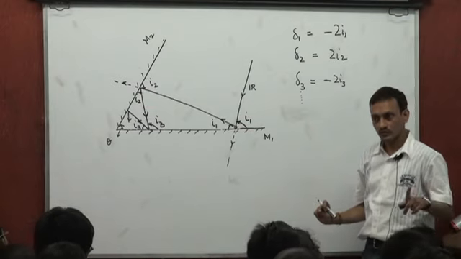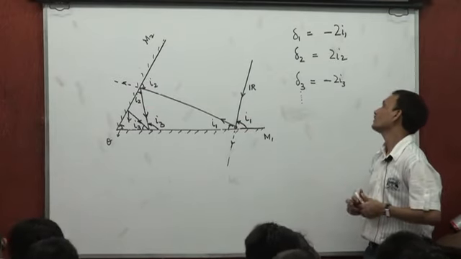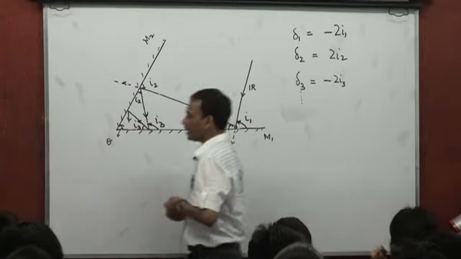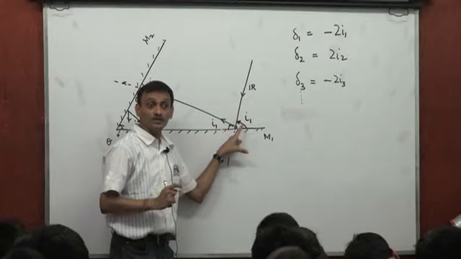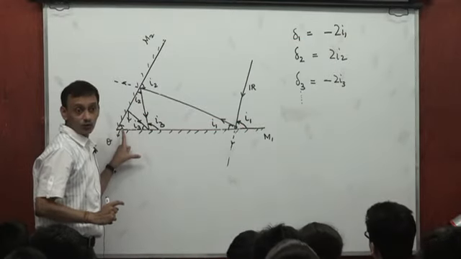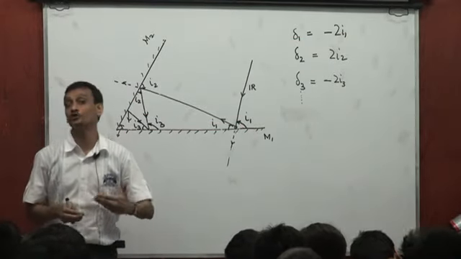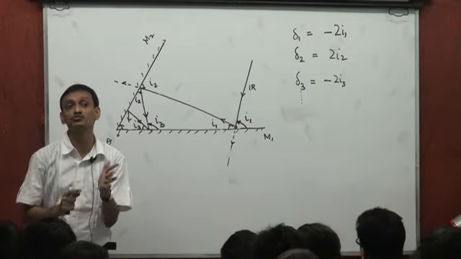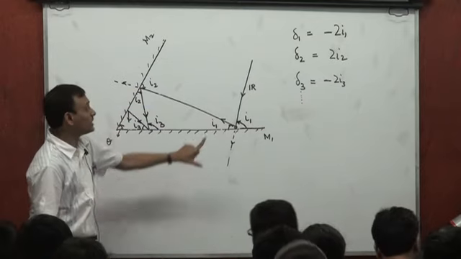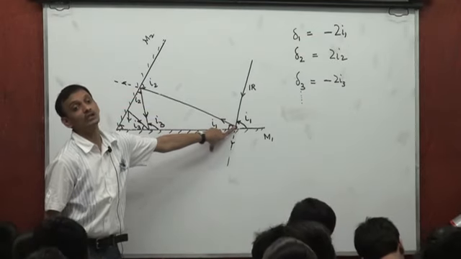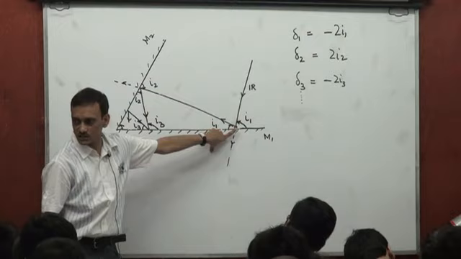Now, I1 is known to us, and theta is known to us. So we want to compute the total deviation entirely in terms of I1 and theta, the angle between the two mirrors and the original grazing angle of incidence I1.